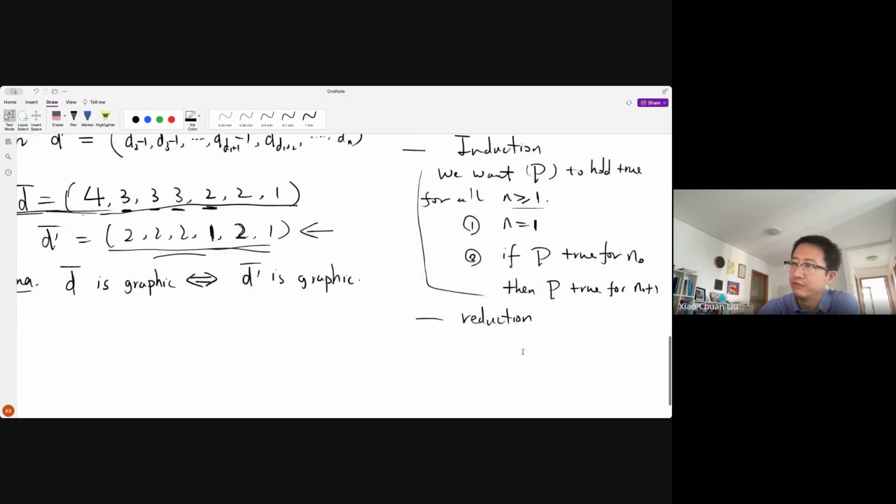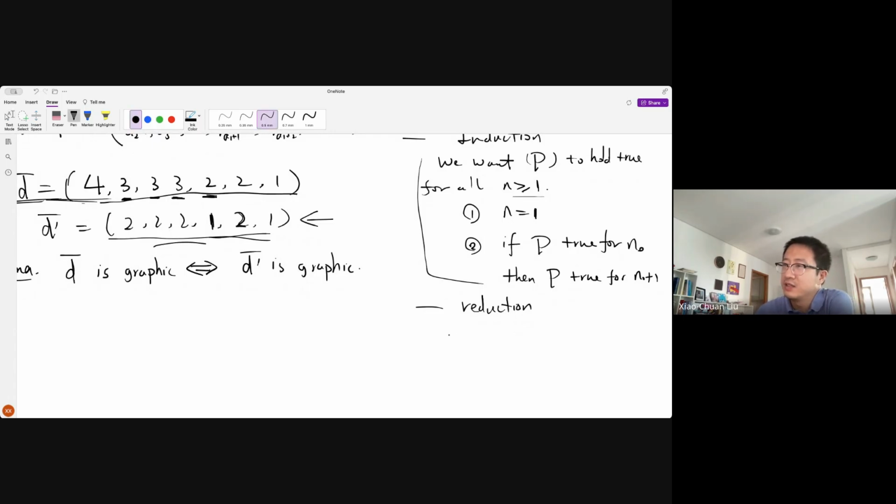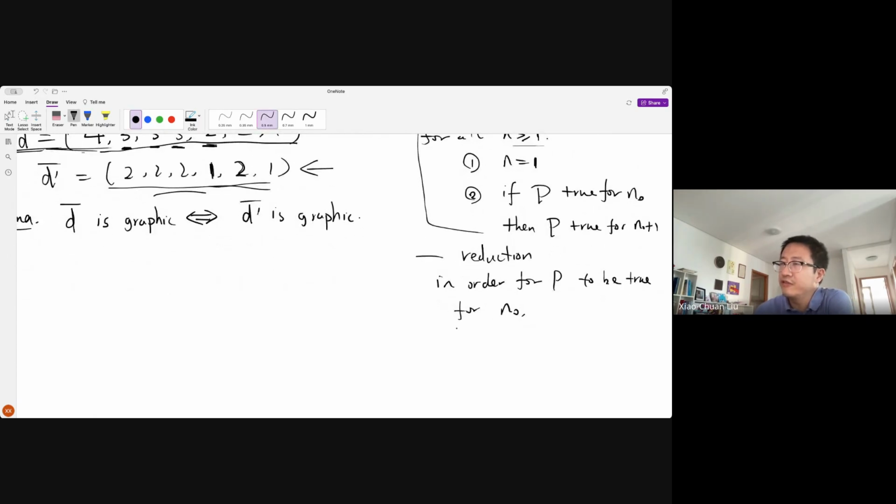And then there is a kind of reverse process, which we call reduction. So in order for P to be true for n0, if I can prove that it suffices, it's enough, that P is true for n0 minus 1.